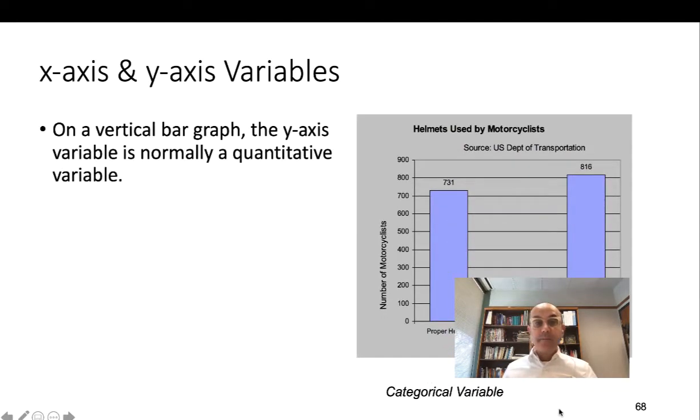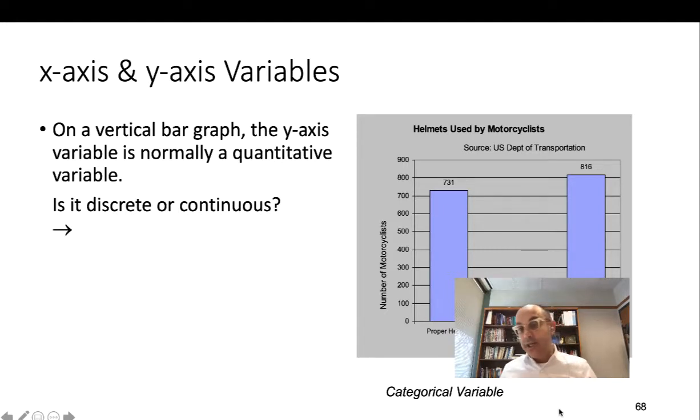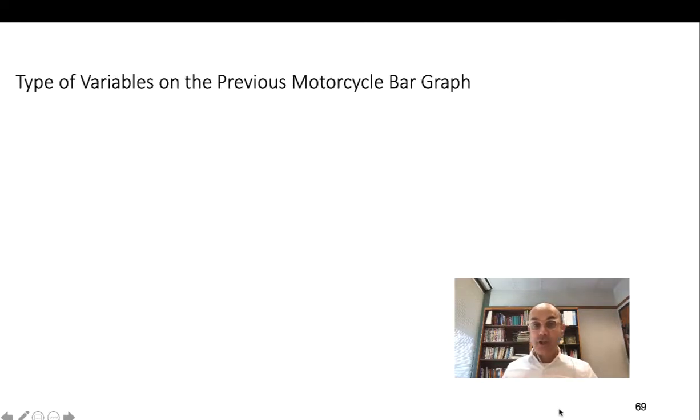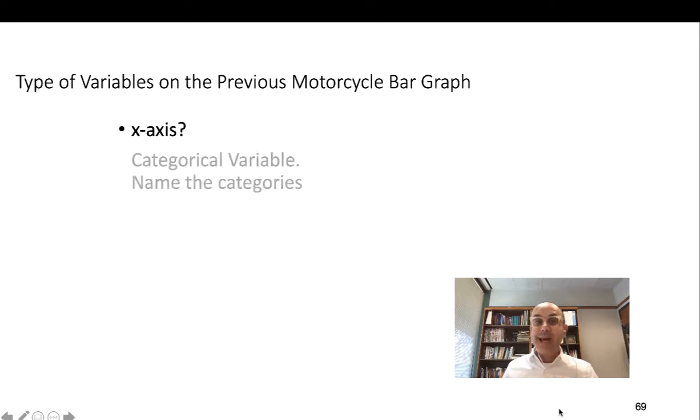So again, what are the x-axis and y-axis? Why is it important to mark them? Is it discrete or continuous? I want to leave it up to you to decide. Think about that. Is it categorical data, yes or no? We need to talk about the x-axis.